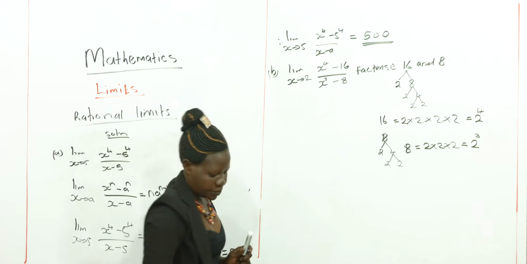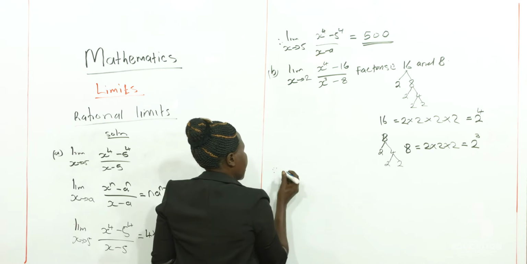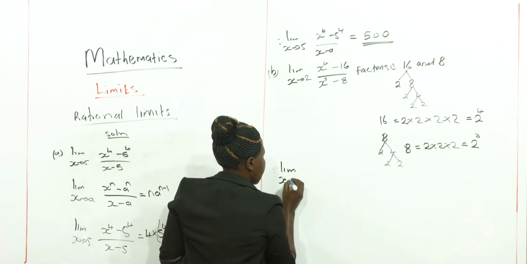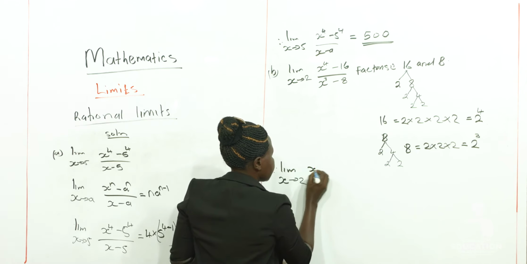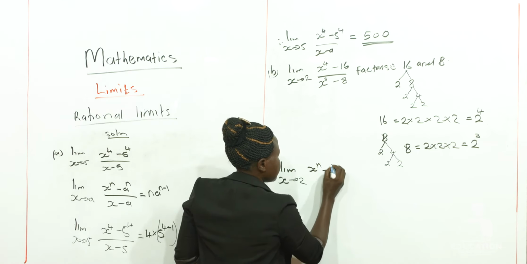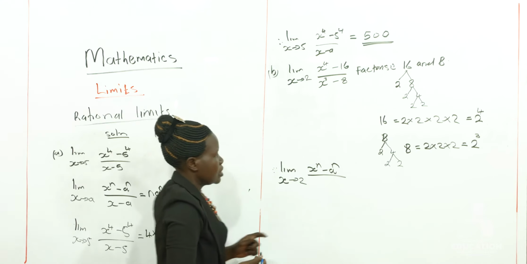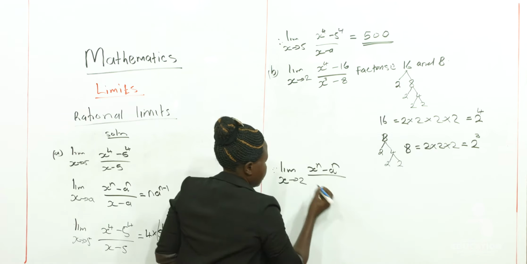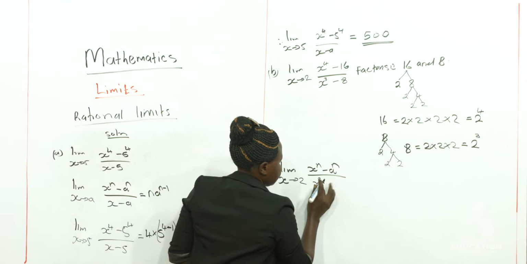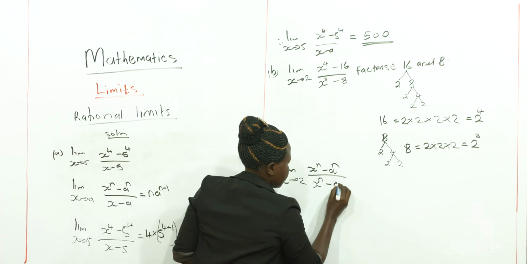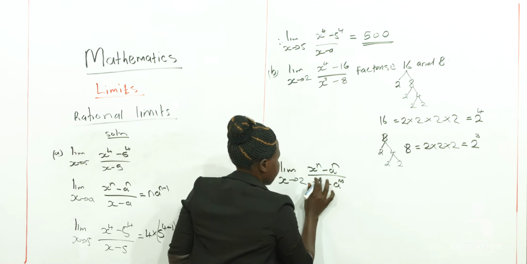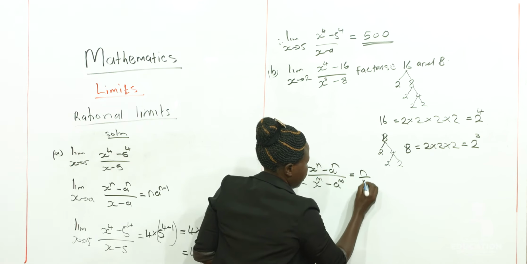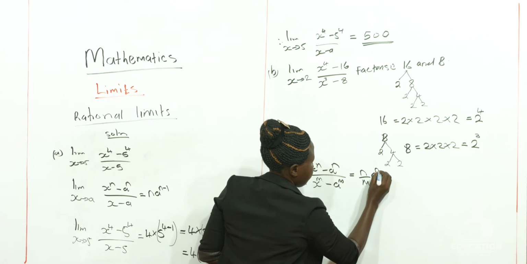Then now you will say, since I've got the factors, therefore the limit as x approaches 2 will now be of x raised to n minus a raised to n over x raised to m minus a raised to m, which is n over m times a raised to n minus m.